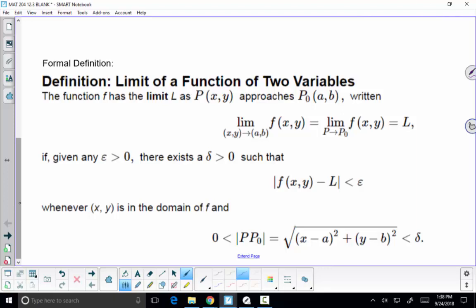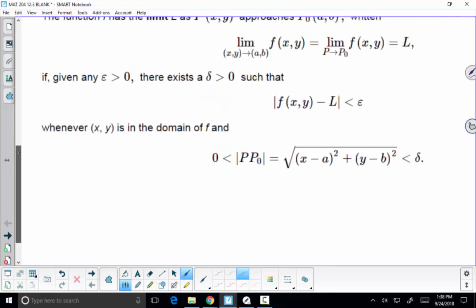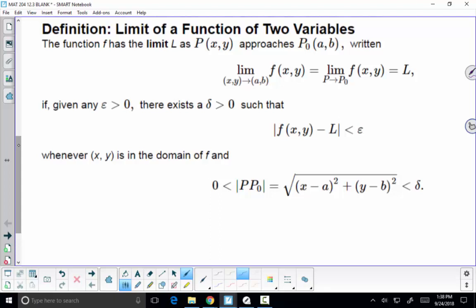That just means that the z difference is small. If you're looking on the z-axis, the function value is on the z-axis. L is just a number on the z-axis, and this just says that when these are super close together, the corresponding x's or the corresponding points in the domain are super close together. That's what that's saying. So what's the definition of small?